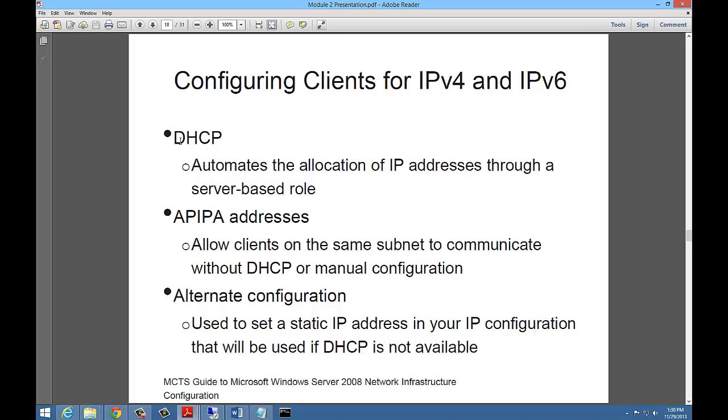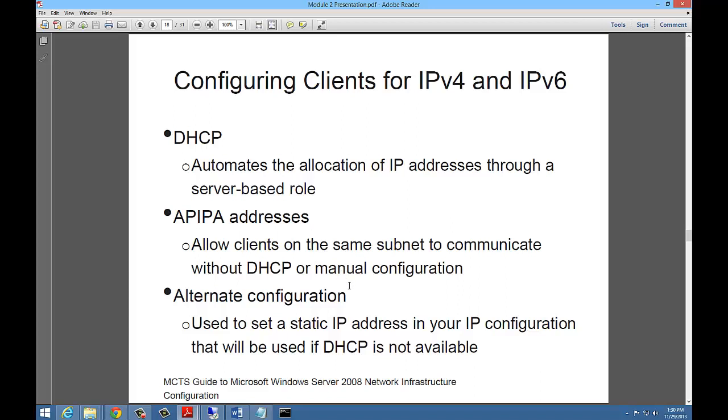So if there's no DHCP server in the network, it uses APIPA, which automatically assigns it a 169 address. So if you've ever opened up your IP addressing and seen a 169 address, it's because your computer cannot communicate with a DHCP server, so it just gave itself an automatic internal private address. And that allows multiple computers to connect to each other that way.